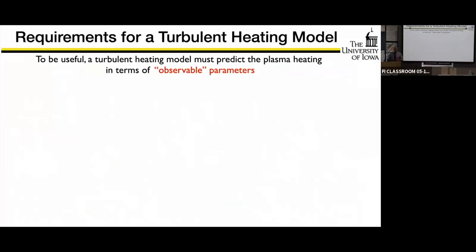Okay, so what are the requirements for a turbulent heating model? If we want this to be useful, this turbulent heating model has to predict the plasma heating in terms of what I'll sort of quote as observable parameters. Now, these aren't necessarily observable, in the sense that, if you want to understand the ion or electron temperature in some far off system, or the magnetic field strength, you've got to interpret that from various different things, Faraday rotation to look at the magnetic field, et cetera.